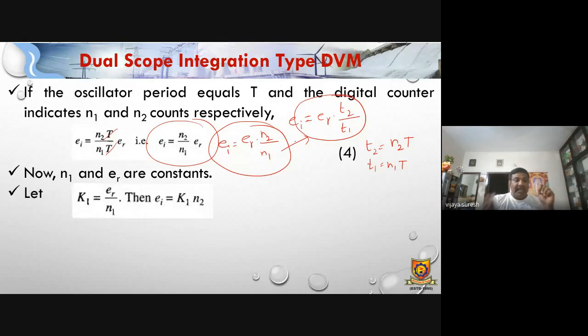So we represent Er by N1 as K1. Then Ei equals K1 into N2. The T1 time duration is fixed, keep that in mind. Till T1 we take the number of pulses, and discharging we calculate in the duration of T1 to T2.